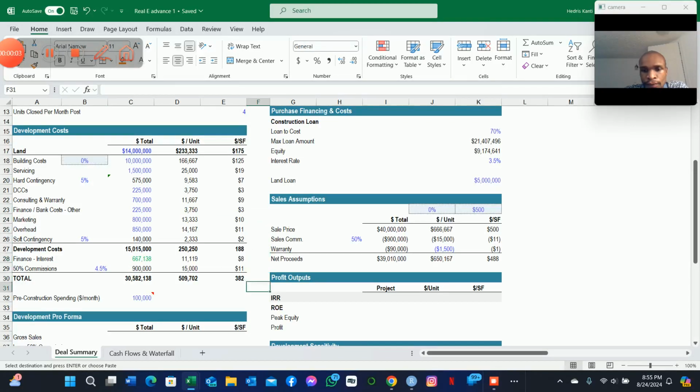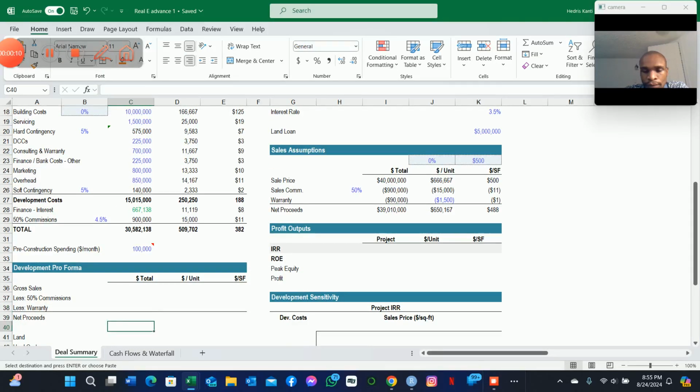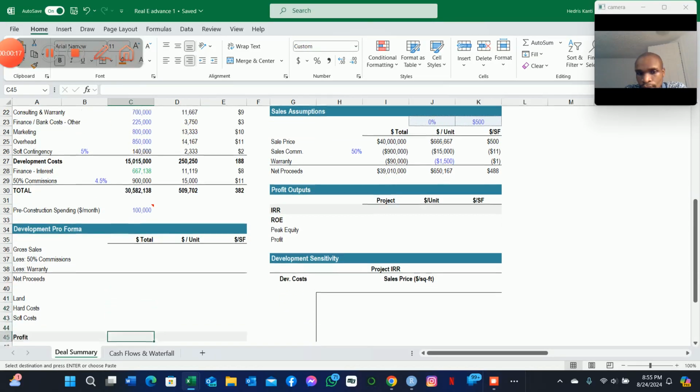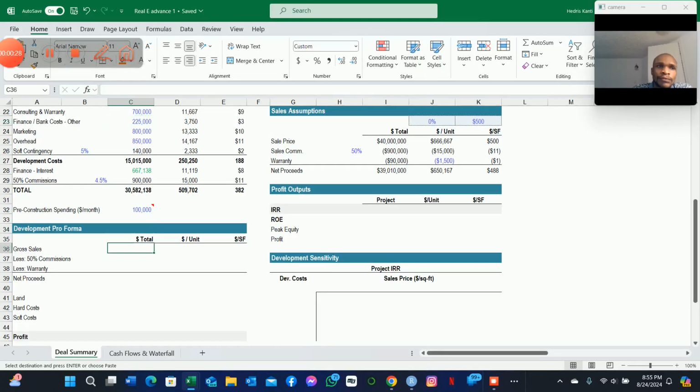So welcome back. Now we are back into the deal summary section where we want to summarize everything to account for the returns, and we account for the returns on sales and the returns on cost. So here we know that we had determined our sale price from the very start of this model to be $40 million.